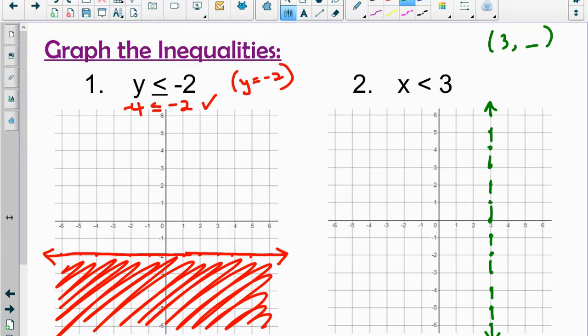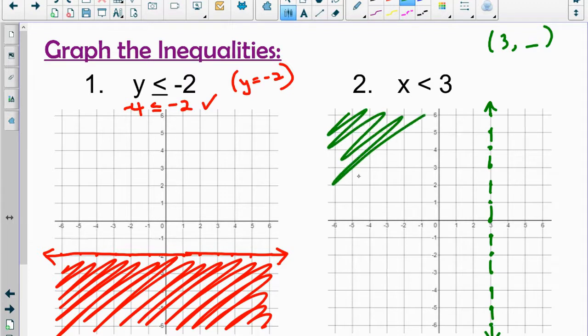So now we do have to think about where are all the x values that are less than 3. Well, anything less than 3 is going to be to its left, like 2, 1, 0, and so on. So what we want to do is shade the half plane that contains the solutions. Remember that line that we drew is the boundary that splits all the solutions from all the non-solutions.